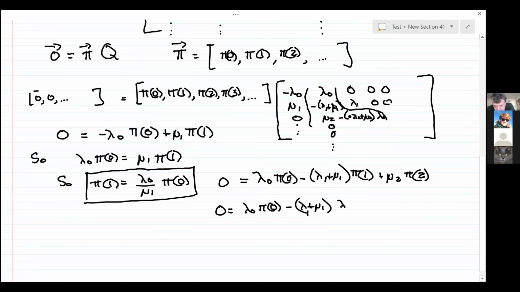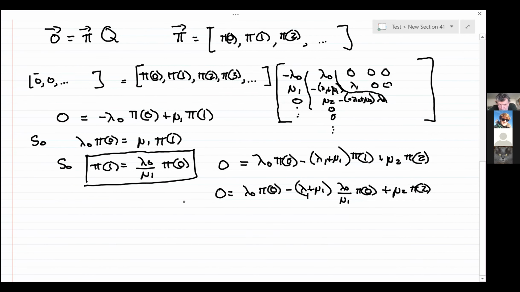So substitute that in there, lambda 0 over mu1 pi0. And then we have the third term here, which is mu2 pi2. So I'm just taking this equation and substituting what we already found out, that pi1 is in terms of pi0. Let's make sure I did that right. I think so. So this looks okay.